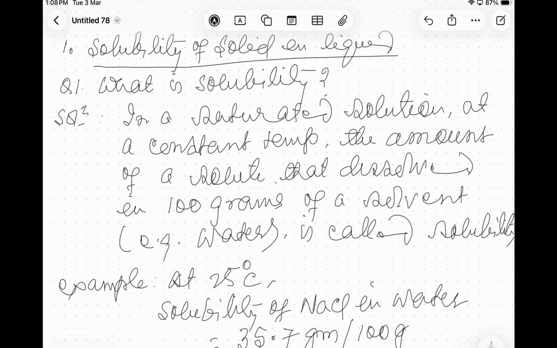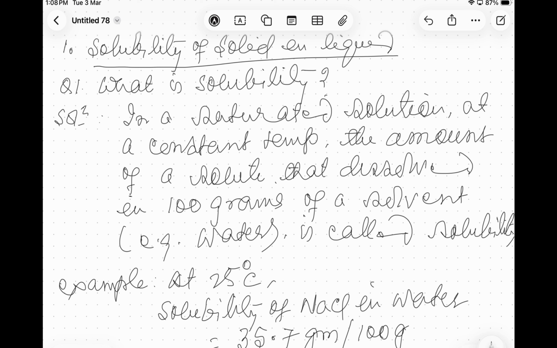It means in 100 gram of water as the solvent, table salt or NaCl dissolved at 25 degrees Celsius, maximum up to 35.7 gram.